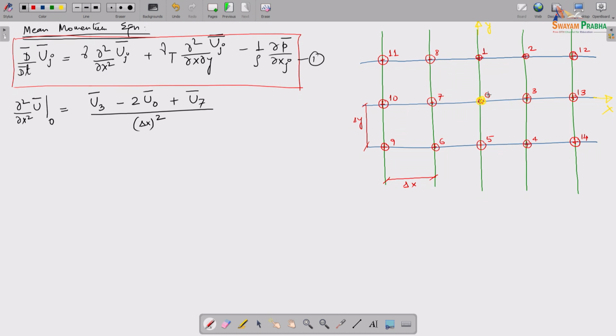Essentially what I am saying is that I need the derivative of the mean value of the velocity at location 0, and that can be figured out without doing any calculus, but just taking the individual values of the mean function at 0, 3 and 7, and bunching them up together like this, and that gives me the second order derivative at location 0, right.